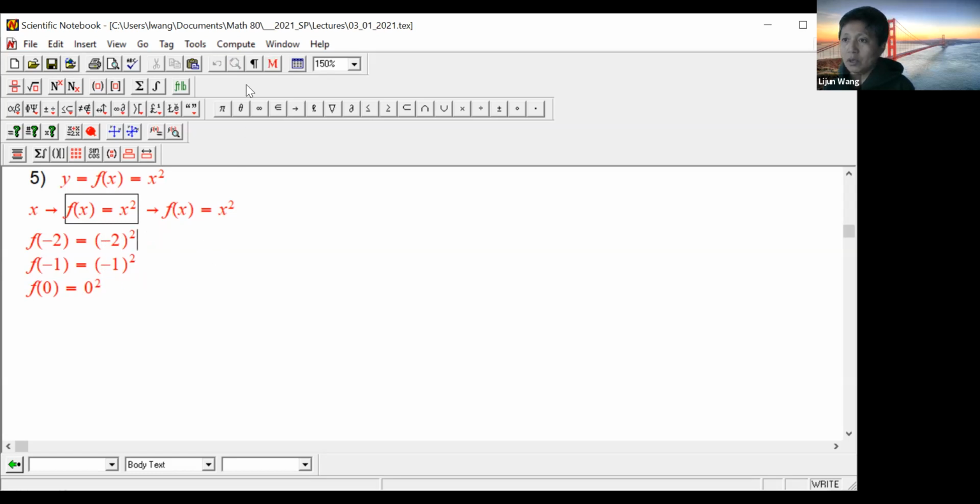So note, with parentheses and without parentheses, these two are different. The former equals -2 times -2.